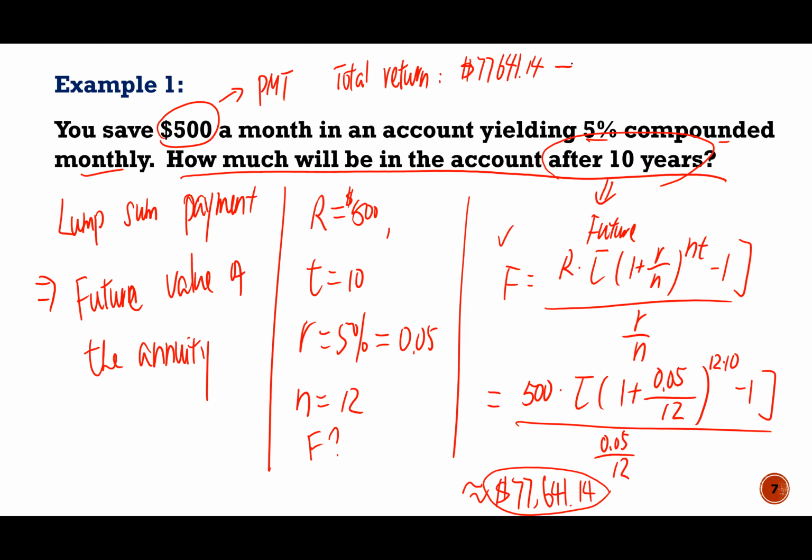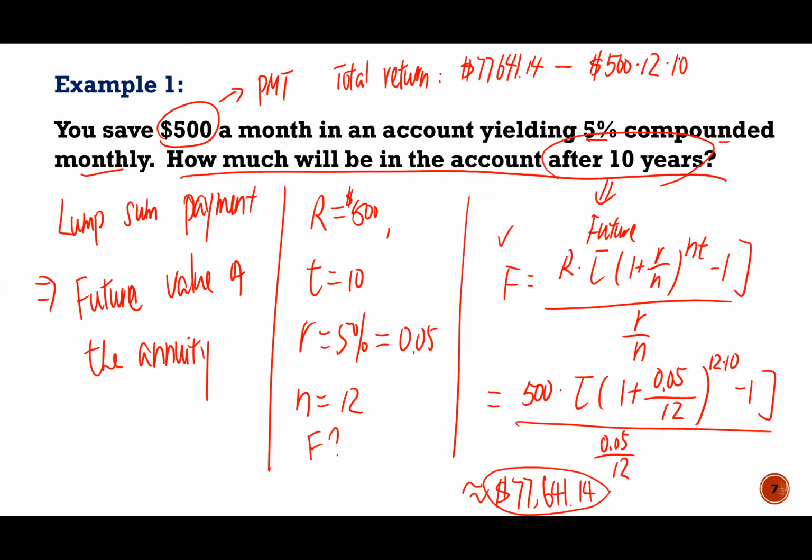But let's look at the contribution towards the account. Each month you contribute $500. Every year you contribute $6,000, so 500 times 12. That's the annual contribution. Remember, you're contributing for 10 years.